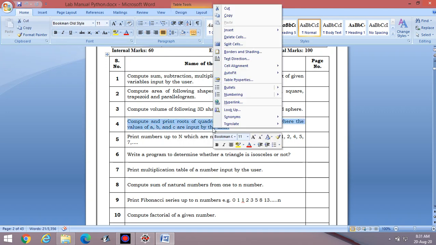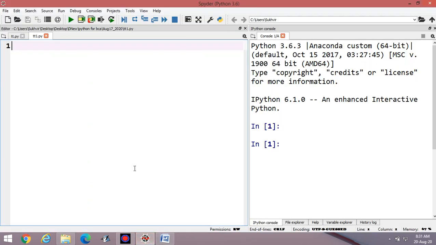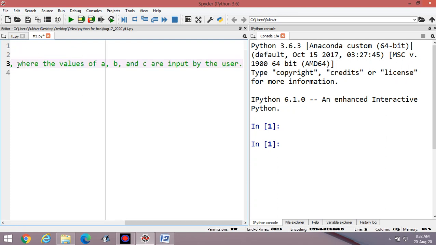Let's copy this and paste it in the Spyder platform. It's program number 4.